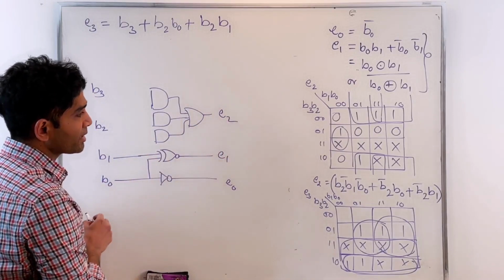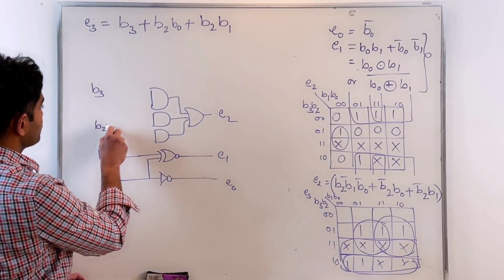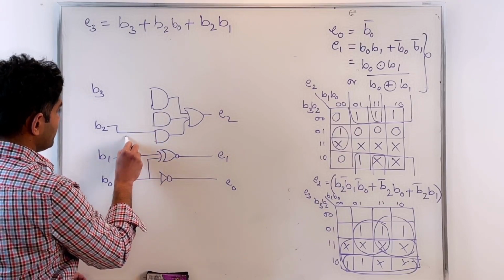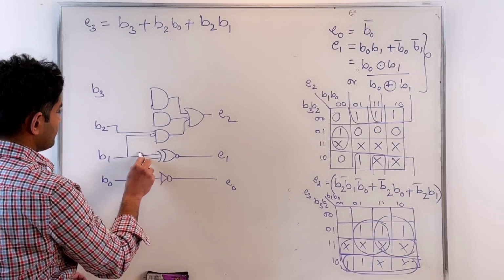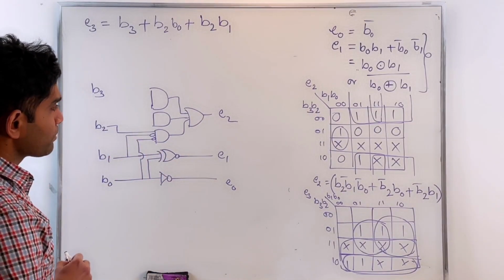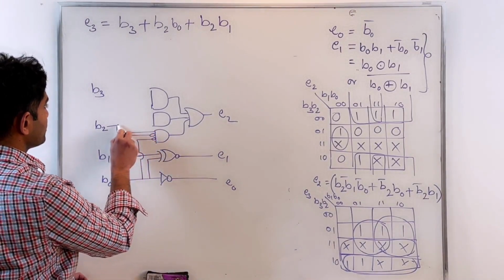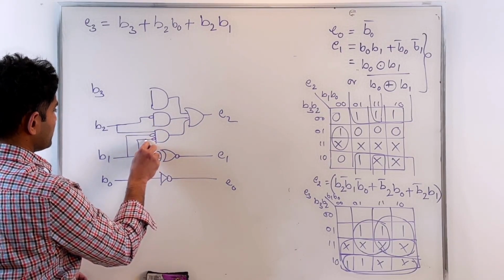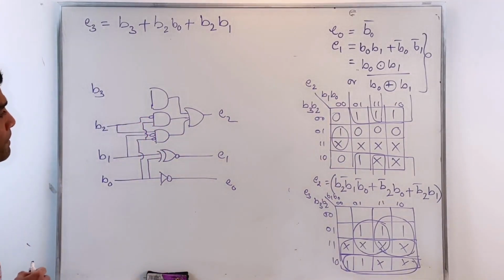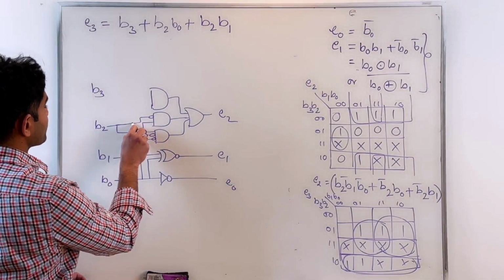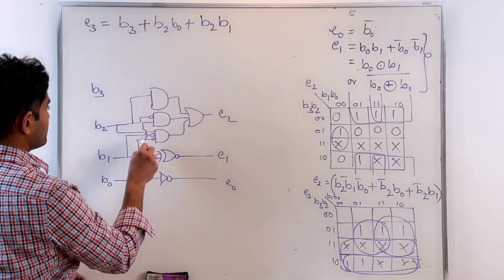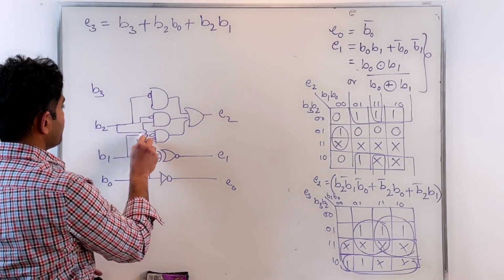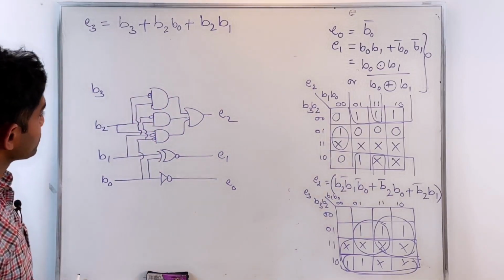So here I have B2, B1 prime, B0 prime, plus B2 prime, B0, plus B2 prime, B1, and that's my E2, okay?